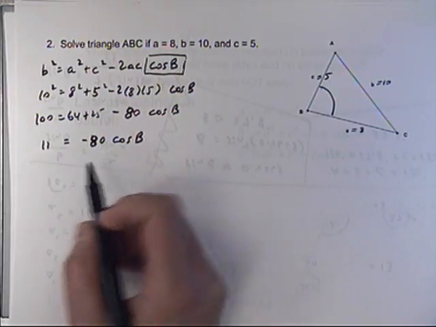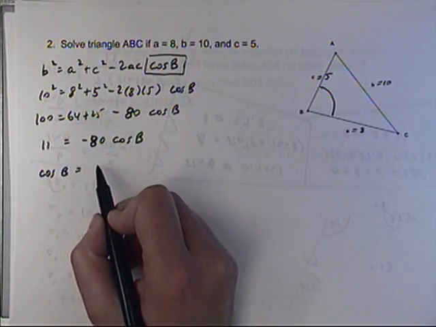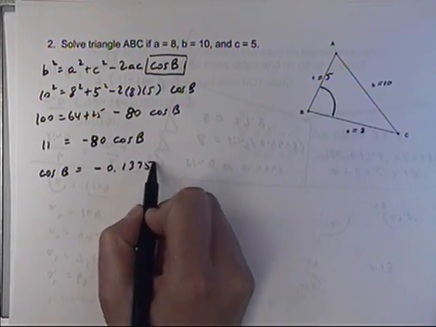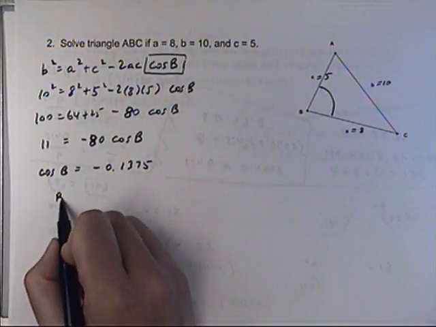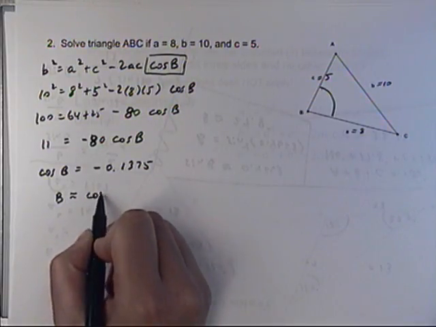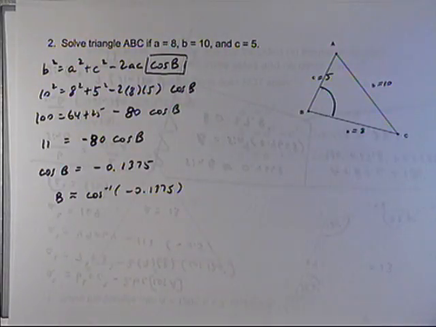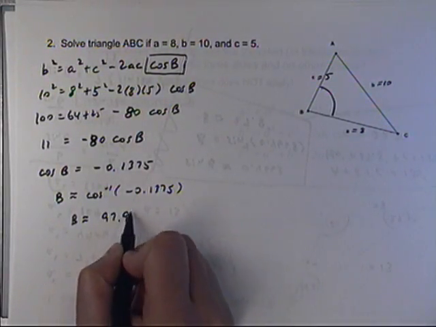Okay, and then the cosine of b, if I divide both sides by negative 80, is negative 0.1375. And then, to find angle b, we would use the cosine inverse of this value. So I do that, and I get that angle B is approximately 97.9 degrees.